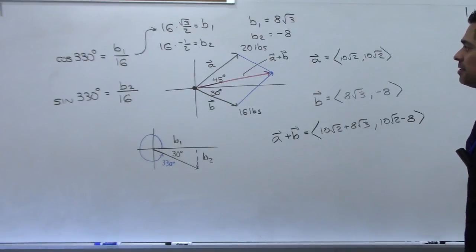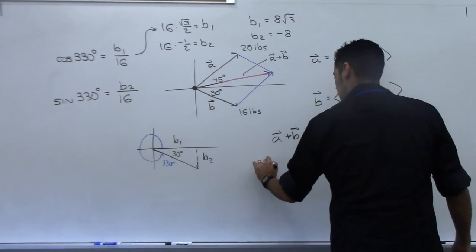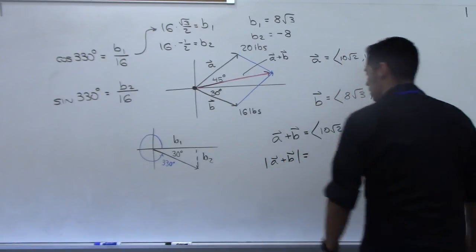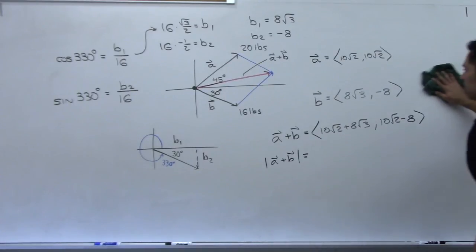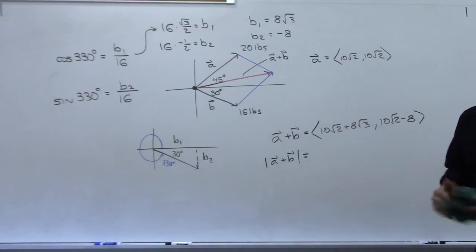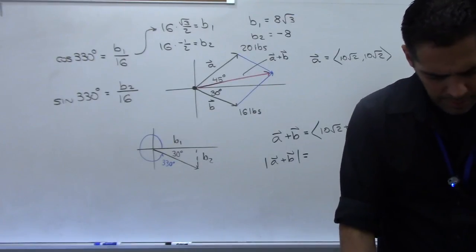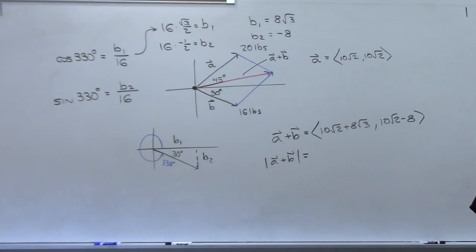We need to find its length to figure out how long this is. So the magnitude of A plus B equals, and we're going to have to do some square roots and squaring, and it's going to be a mess. I wonder if they want this in decimals. I guess we could go to decimals at this point.